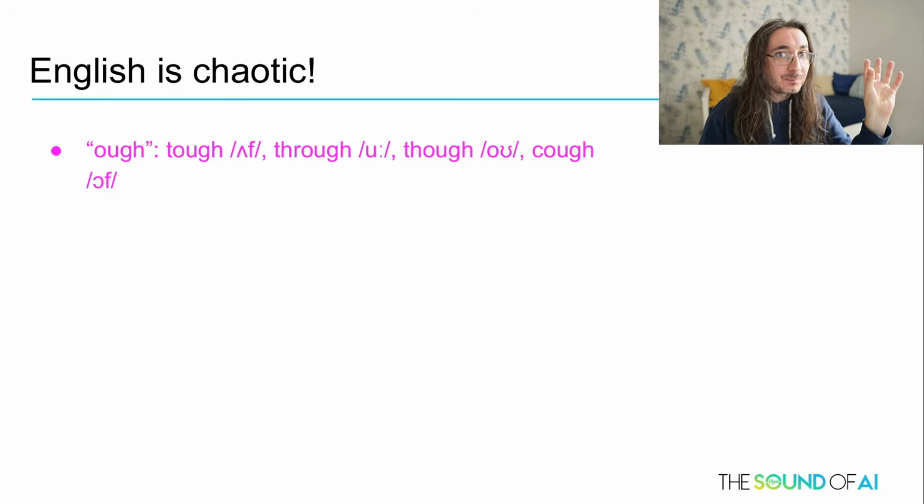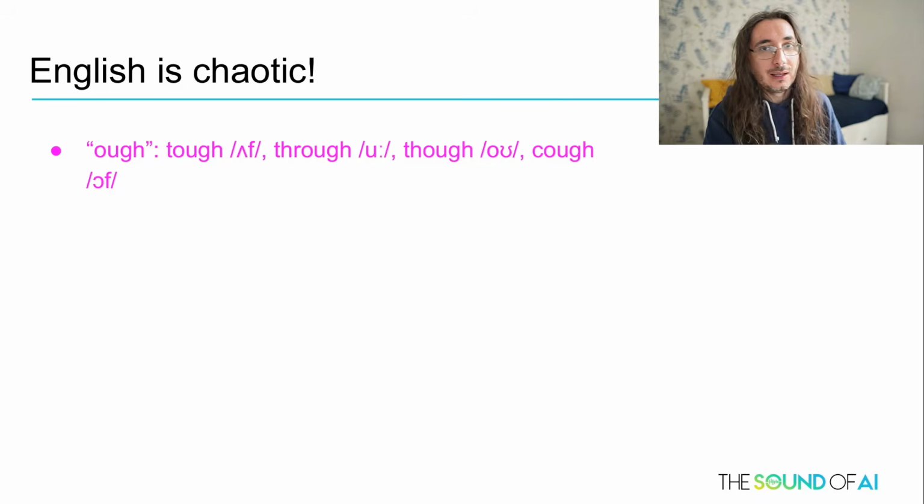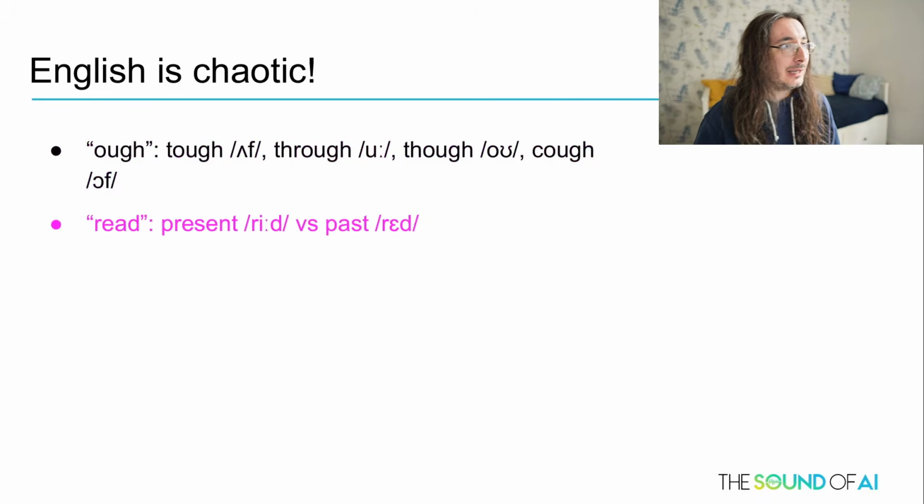So spelling is different from pronunciation. If you're not convinced, let me give you another example. "Read", okay? In the present tense, I would read it as "reed", and that's the spelling. But if I'm in the past tense, I still write R-E-A-D, but I pronounce it "red". I read a book last week, for example.